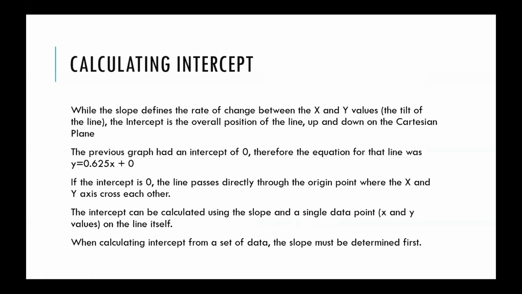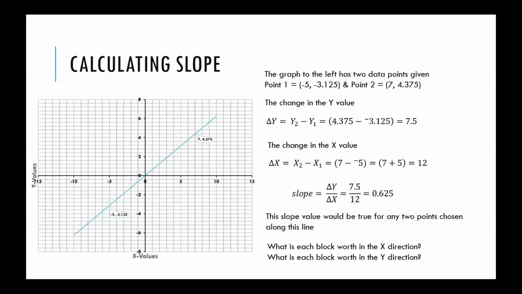The next portion of the straight line is the intercept value. And this is where the graph, or where the line, intersects the y-axis. In this previous slide, I made sure the point crosses through 0. The intercept is 0. It crossed right at the 0 mark.